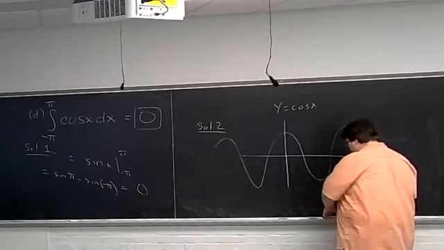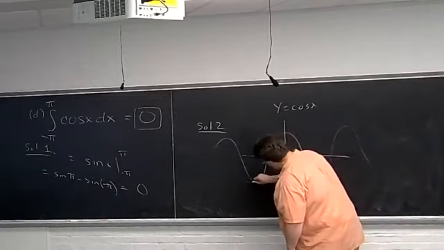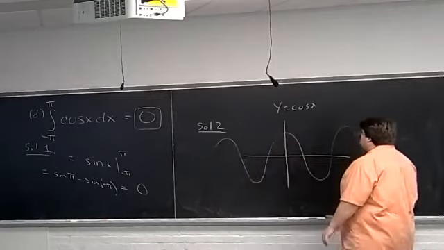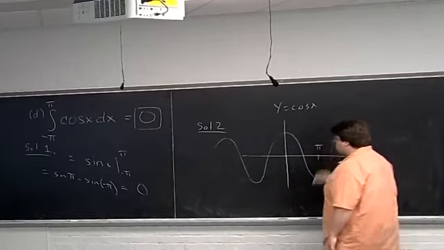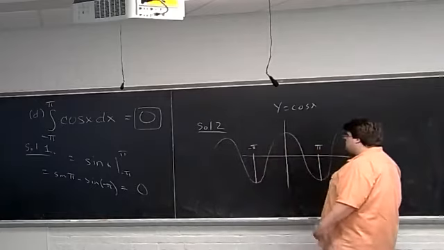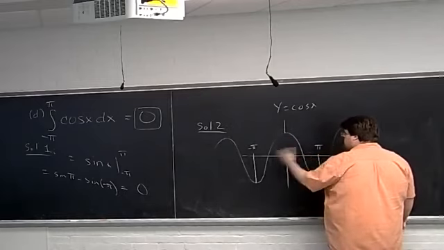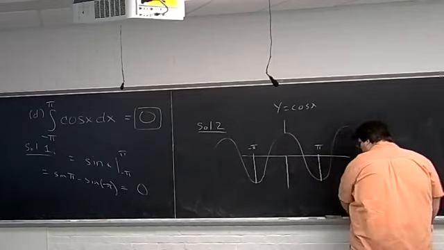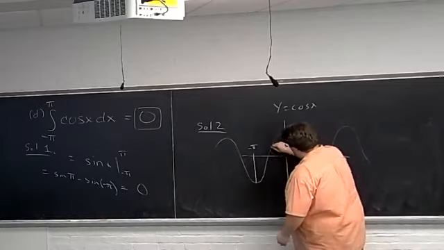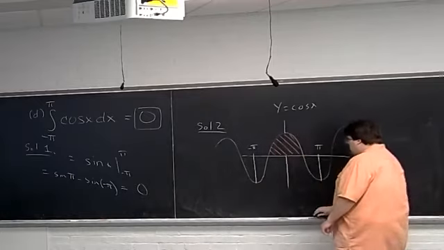So here's our cosine function. That's a pretty important part, so maybe I'll draw it less lackadaisically. Okay. Pi is here. Negative pi is here. So the integral is really looking at this area up here and these two areas down here.